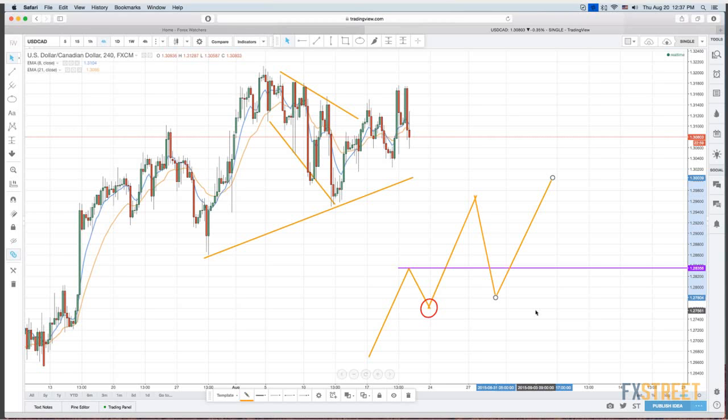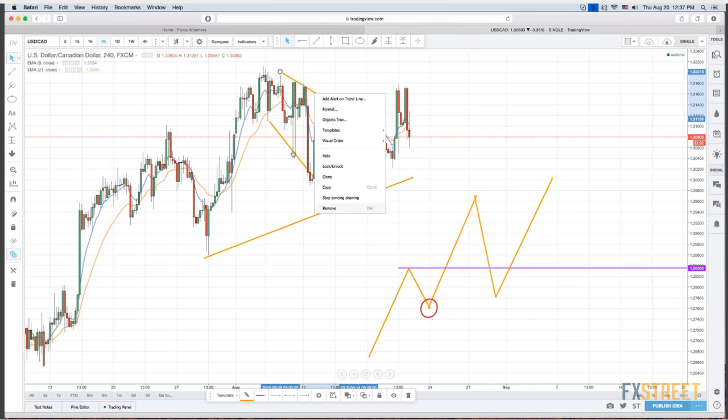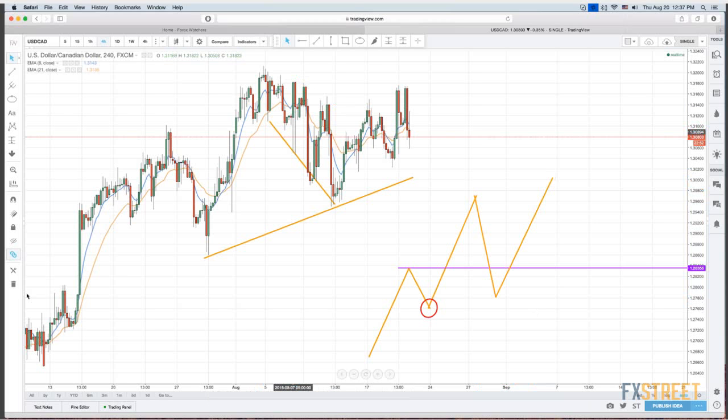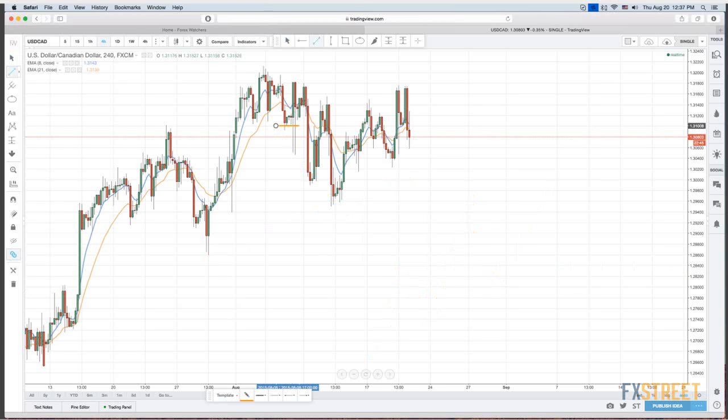Same thing happens in a channel. Notice how in this channel, does it respect the support and resistance as it goes down? Well, when it came down, it made this low, but wait a minute, it went through it, it went higher. Does that mean it's no longer a downtrend?